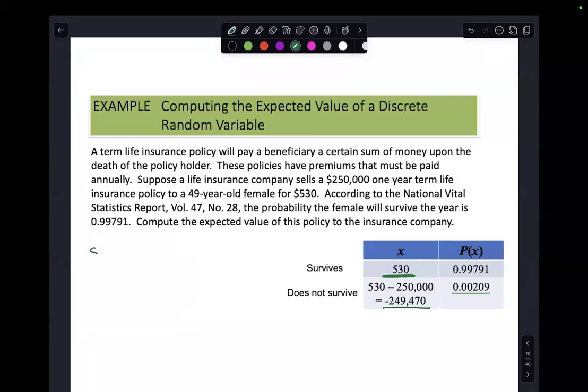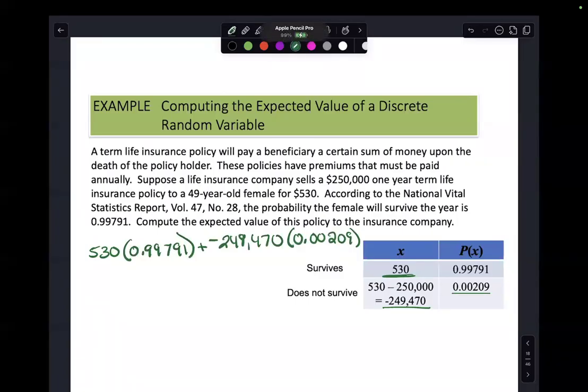So we take the $530 times 0.99791, plus, I don't like writing it this way, negative 249,470 times 0.00209. This will tell us what they expect to make.